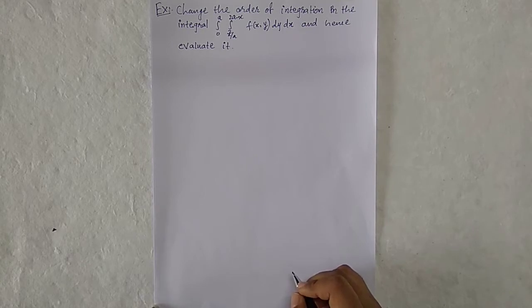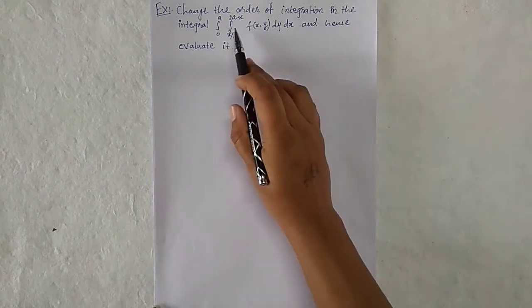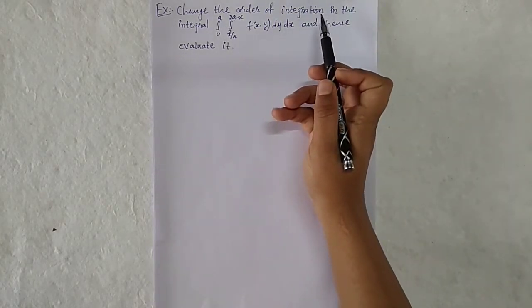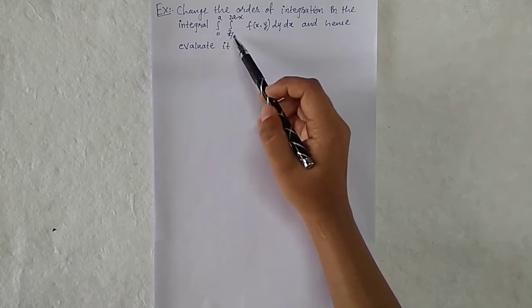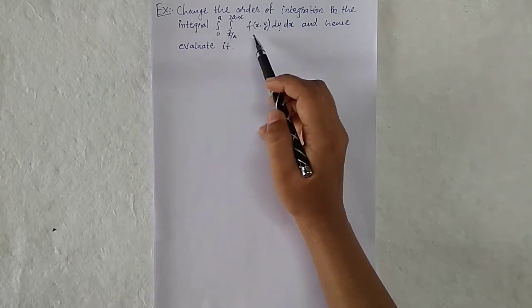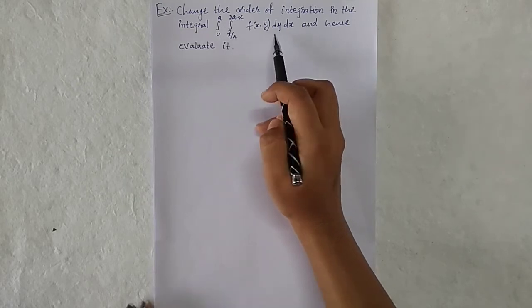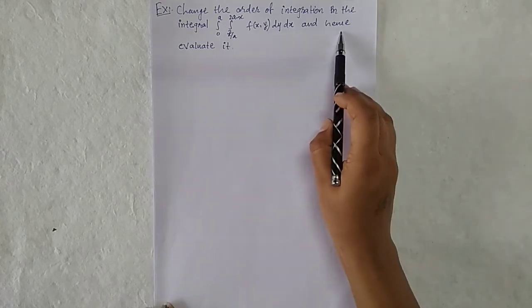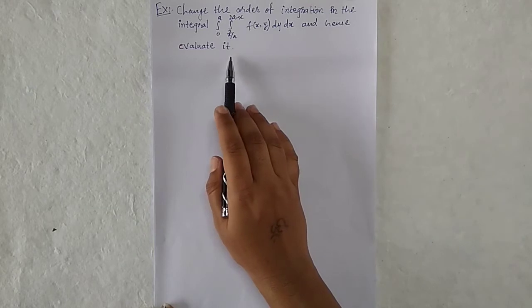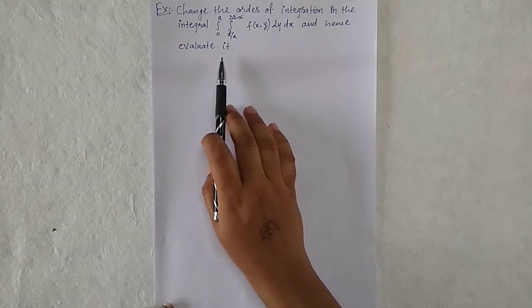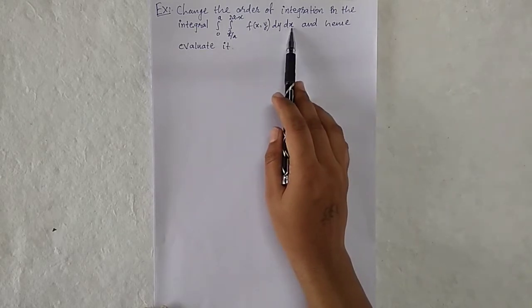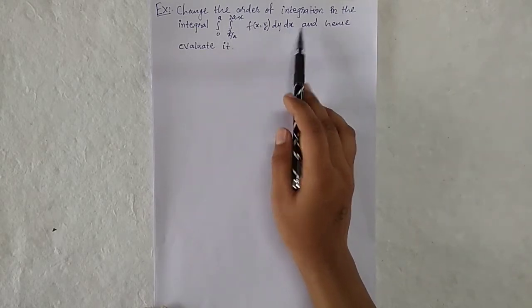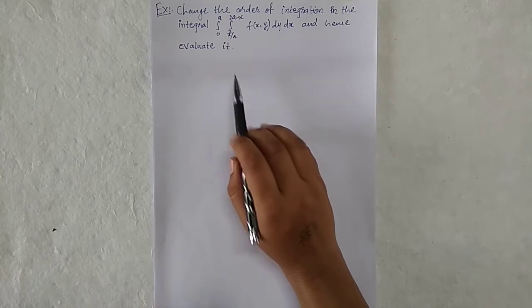So the first example is given over here: change the order of integration in the double integral of the function f of xy dy dx, and hence evaluate it. So first we are going to change dy dx to dx dy and then evaluate it.